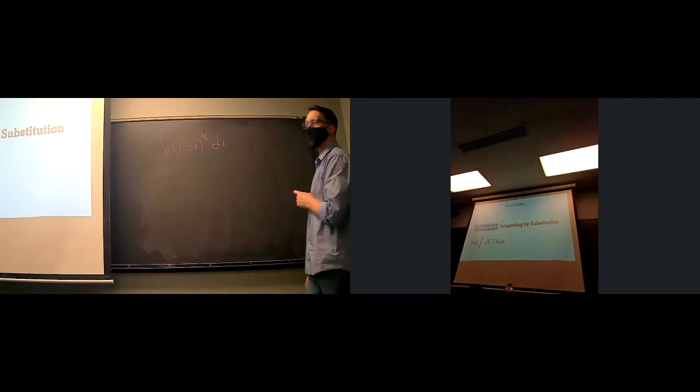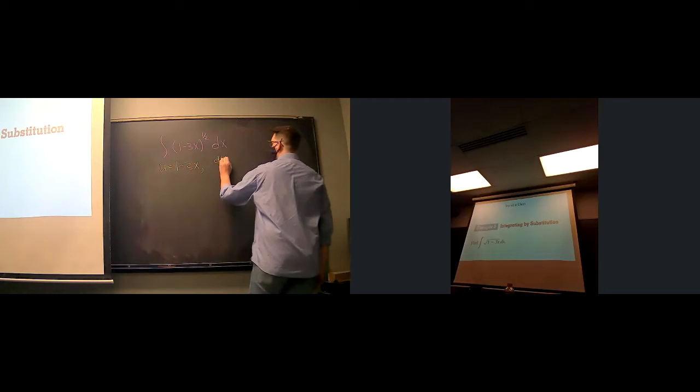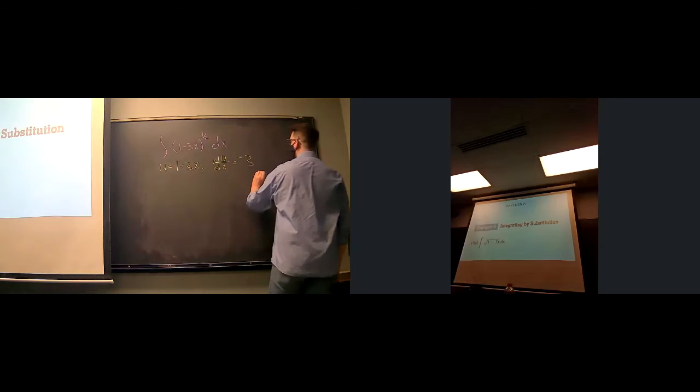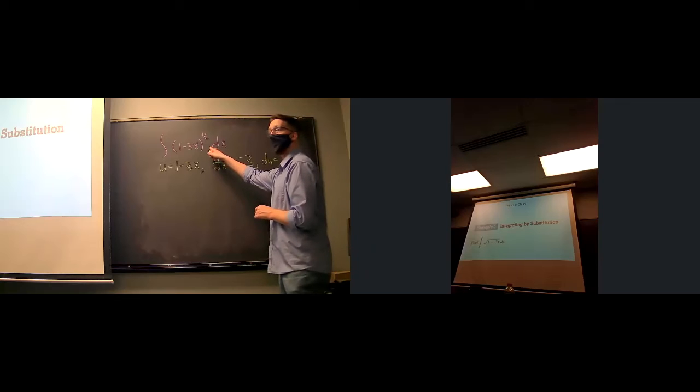Can't quite do that though, can we? We need to use U sub here. So we're going to choose 1 minus 3x to be our u. So du dx is going to be -3, and du is going to be -3 dx. But we don't have a -3 dx here.